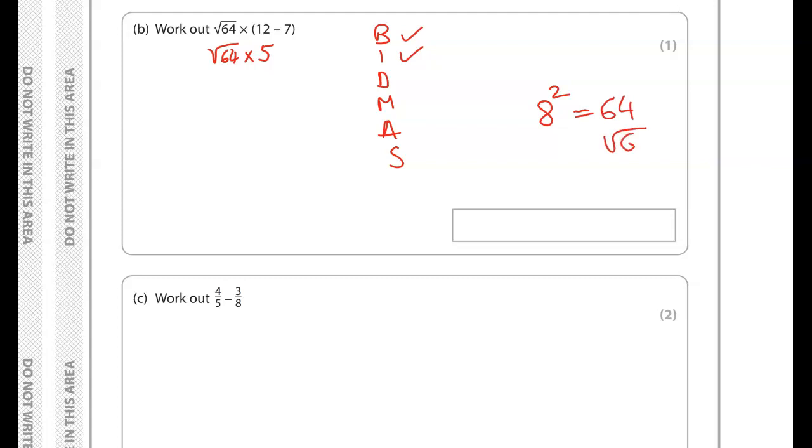Square root of 64 is equal to 8. So 8 now times 5. And the next operation we've got here is multiplication. And it's the last one. So 8 times 5 gives us 40.